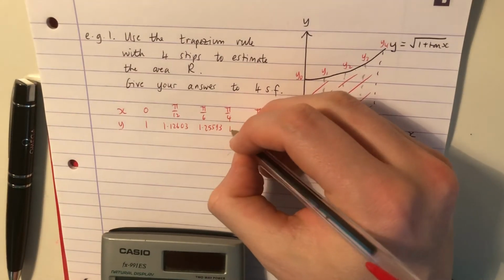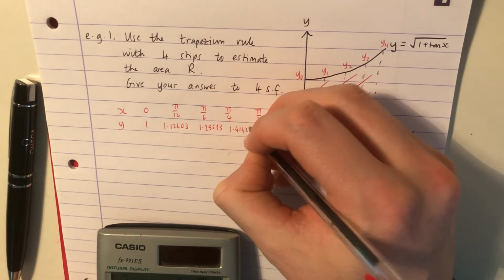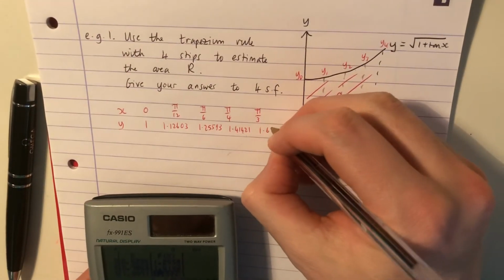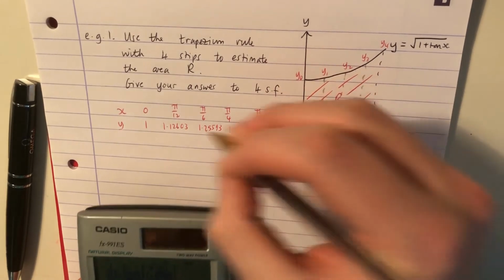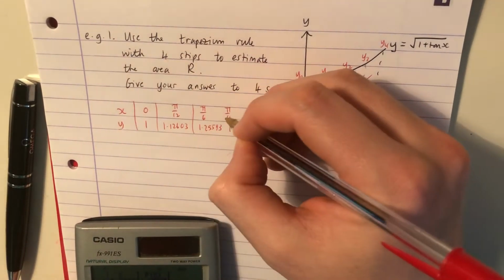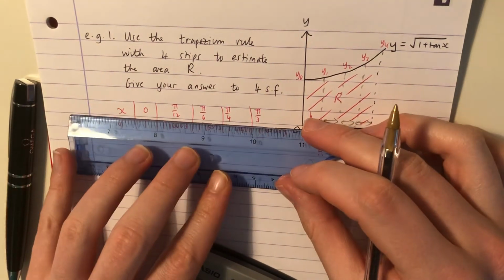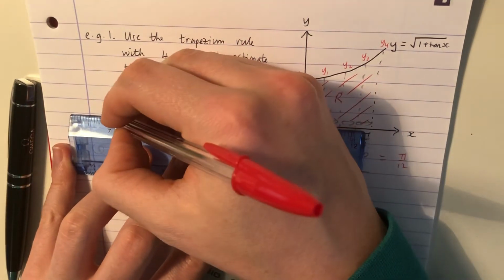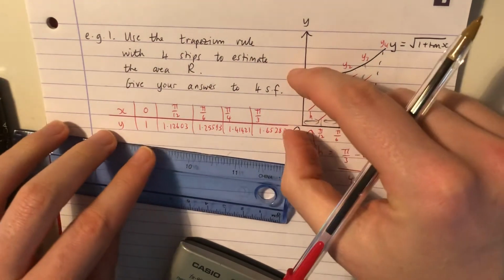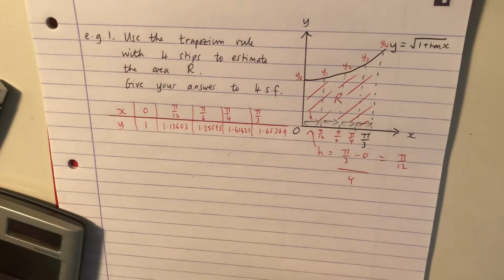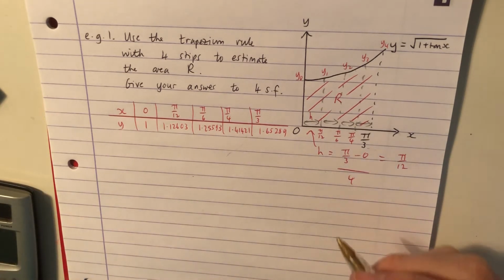Then 1.41421. And the last one is 1.65289. I get this table, and it gives me all of the x values and then the height of these trapezia.